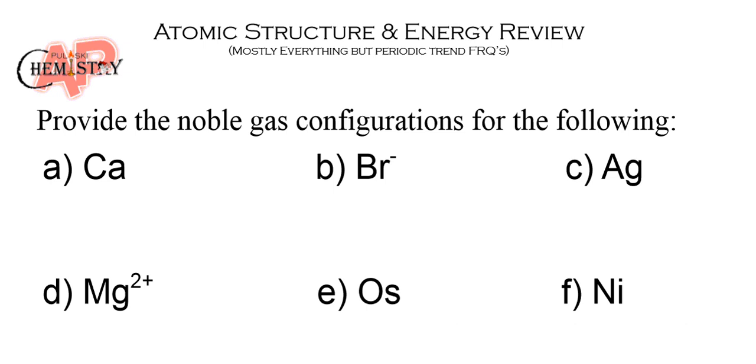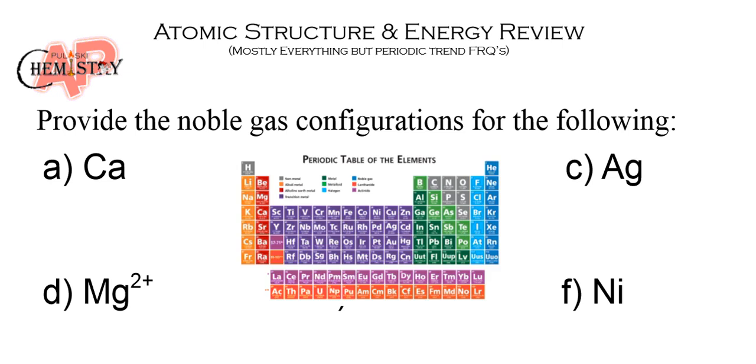Provide the noble gas configurations for the following. It's very important that you're understanding how to do these, and it should not be taking you a ton of time because, again, you will understand how it works on the periodic table. A quick review on this is that we take whatever element we have on whatever period it is, and we look at the previous row, previous period, and the noble gas that's at the end of that period.